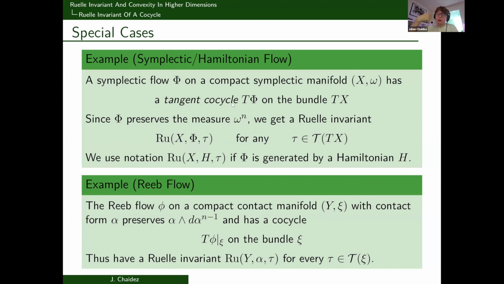The linearized Reeb flow preserves the contact structure, so this is a perfectly reasonable thing to do. And so this data also has an associated Ruelle invariant, which I'll call the Ruelle invariant of the contact manifold with tau.